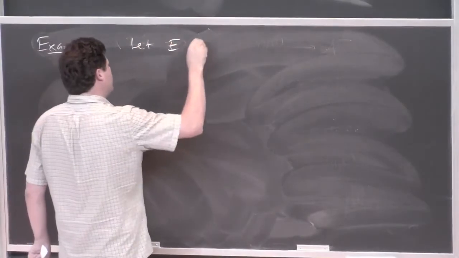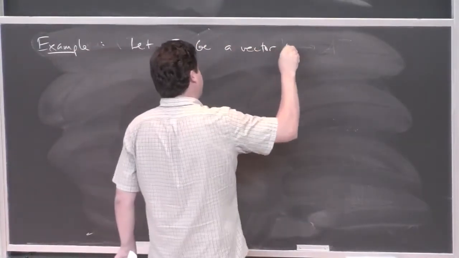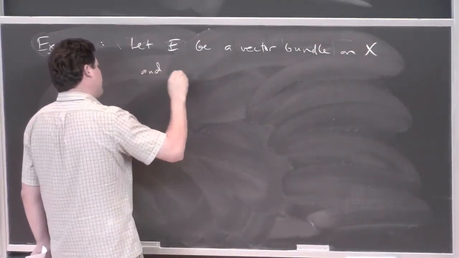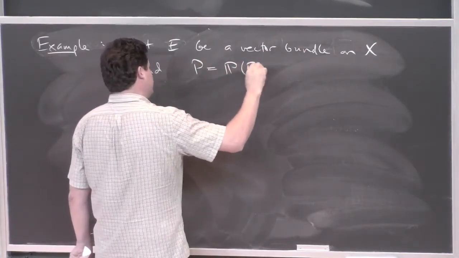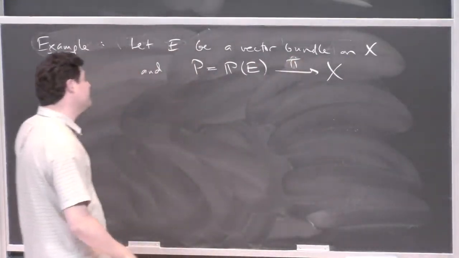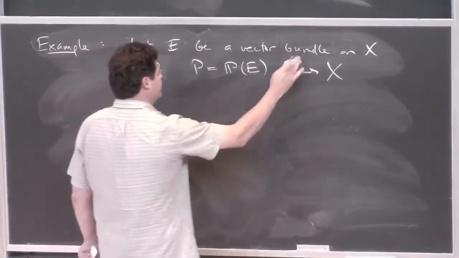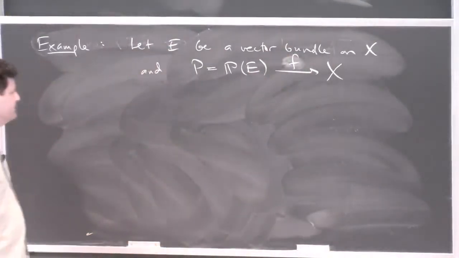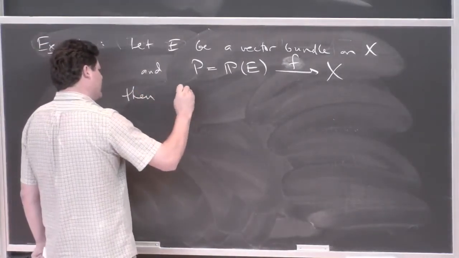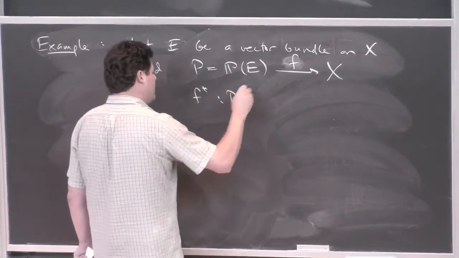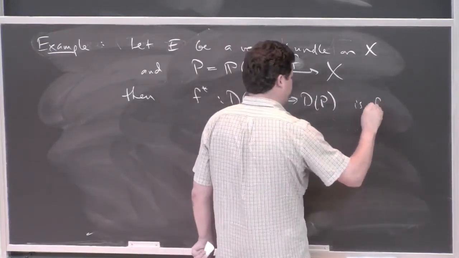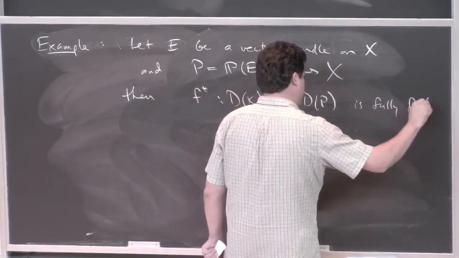So let E be a vector bundle on X, and P be the projectivization of E, which is going to map to X, and I'm going to call that map pi. I'll call it F, because in the exercises it's F. Then the functor F upper star from D of X to D of P is fully faithful.